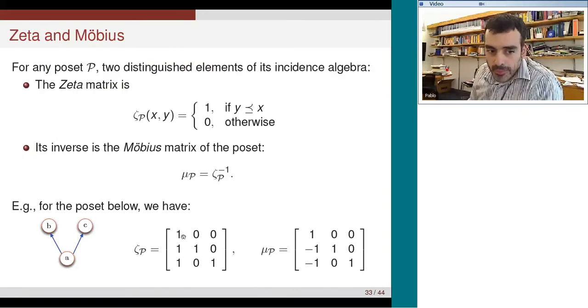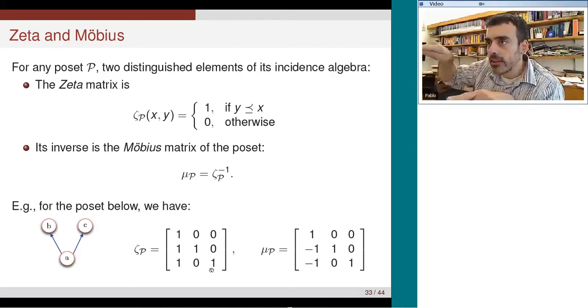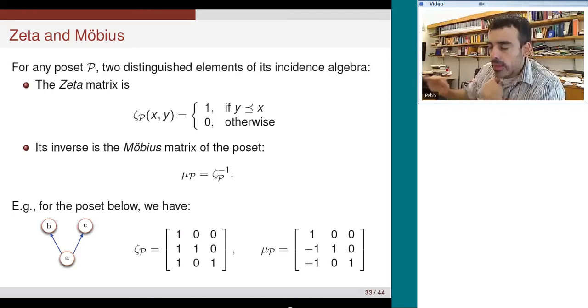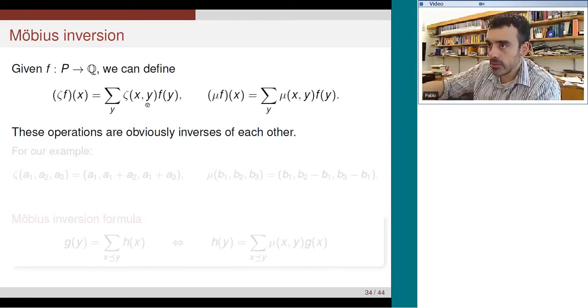Right? Now why is that important? Because remember these are matrices whose sizes are the cardinality of the poset, right? How many elements I have. So matrices I can think of them as linear maps. Right? So what they can do is they can take a function on the poset, and I can think about multiplying this by zeta, or I can think of multiplying this by mu.